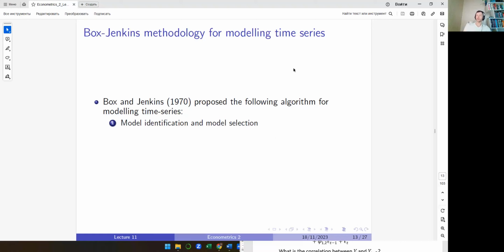So first of all, we need to identify what kind of model we are working with. And we've been talking about the ways of identification just recently. Then we need to select the appropriate model. Next, after selecting the model, we need to estimate parameters. So it must be familiar to you, this sentence, parameter estimation.